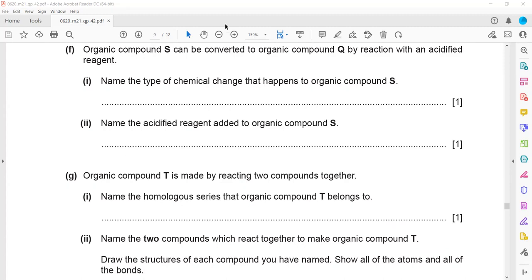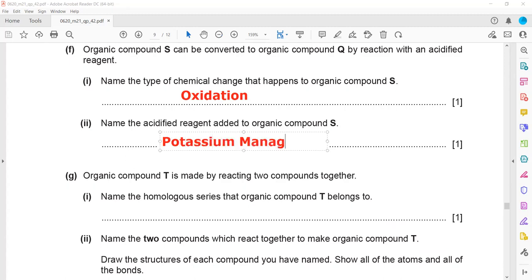So, name the type of reaction. We call that oxidation, because oxygen is added here. So alcohol converts into carboxylic acid by oxidation. And name the acidified reagent which we add, like we have to mention the oxidizing agent. The oxidizing agent is always fixed.